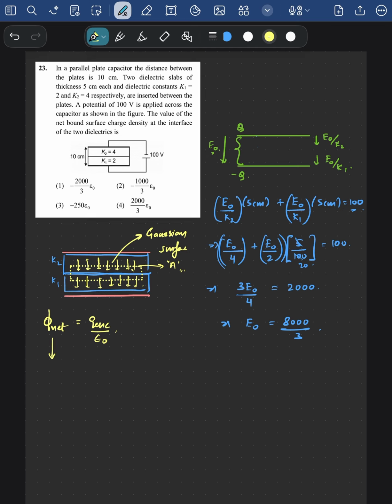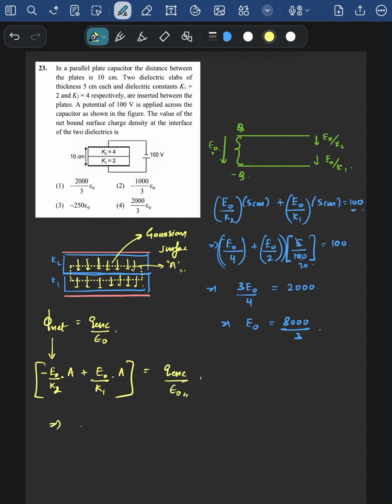Your net flux will be equal to minus E naught by K2 into A, minus sign because these are field lines entering, plus E naught by K1 into A because these are field lines exiting. And now that should be equal to charge enclosed by epsilon naught.